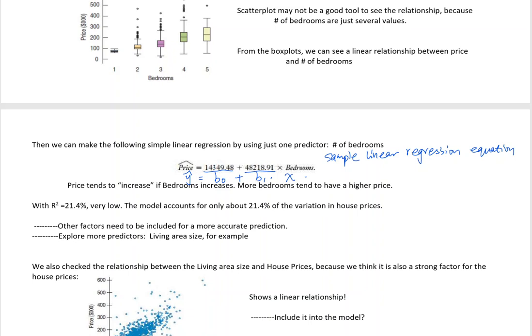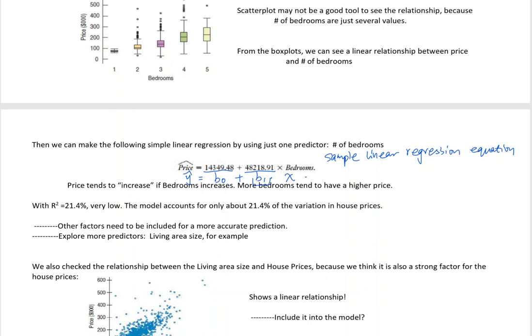Again, how do you interpret this b1? We say if we have one more bedroom, the price of the house is expected to increase by this much. That means the price tends to increase as the bedrooms increase.